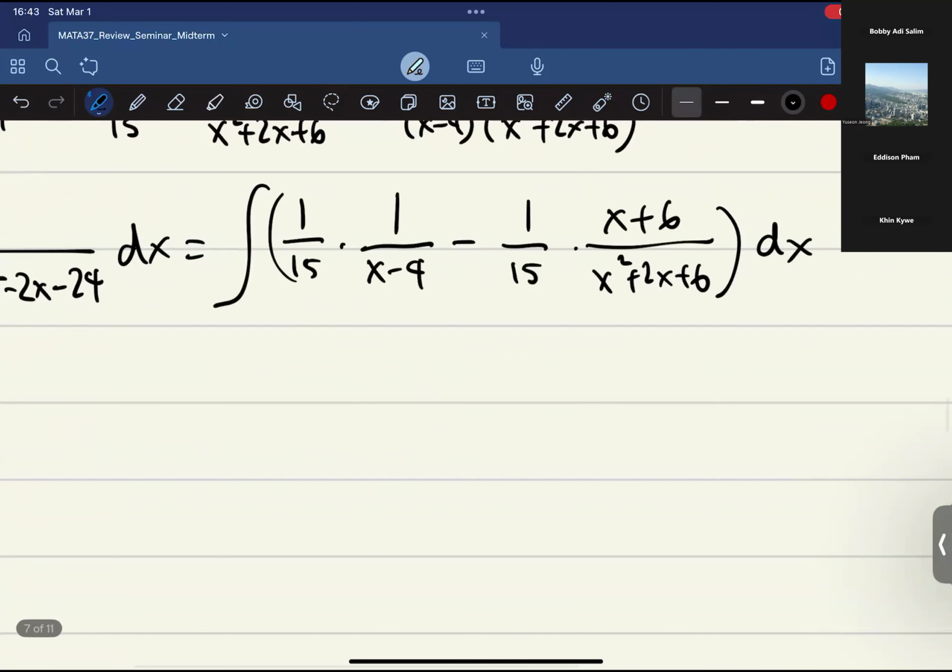Right. So now that we're done with the PFD steps, do you guys have any ideas on what's next?